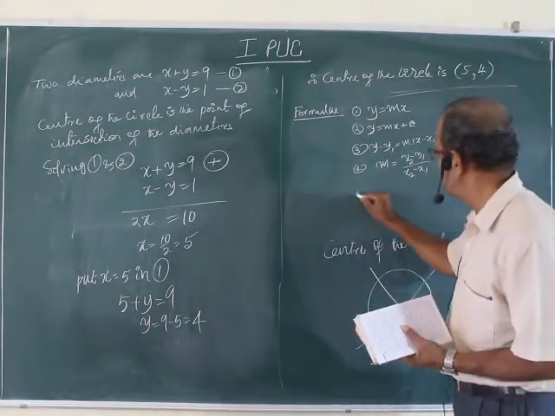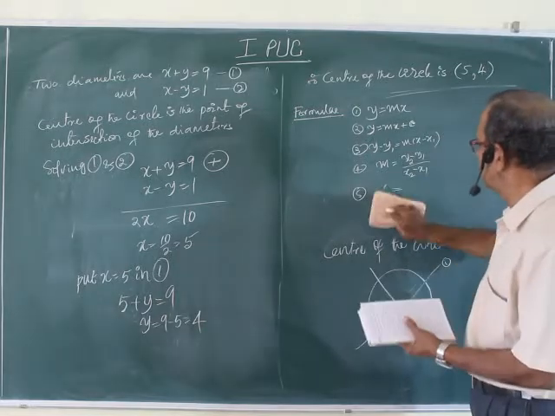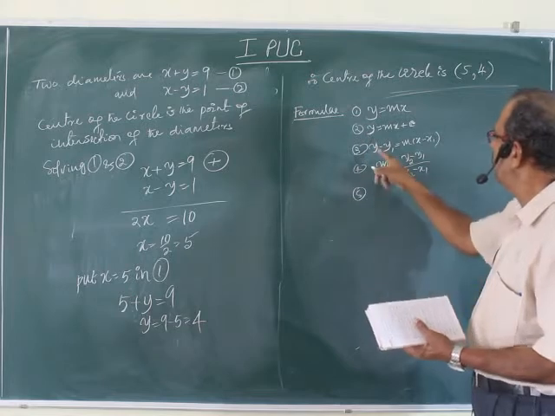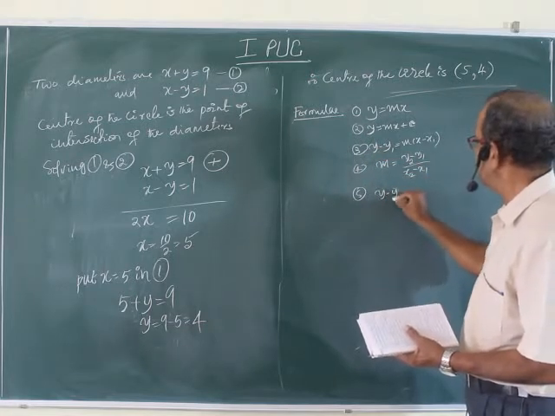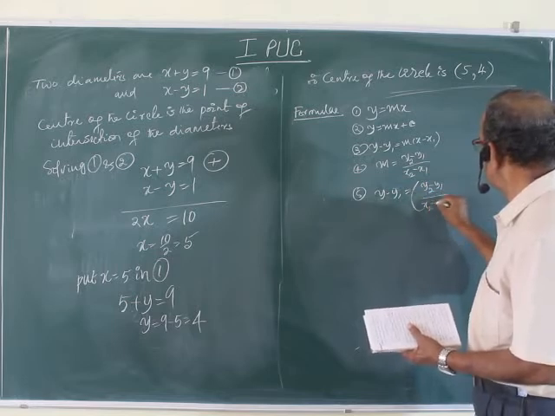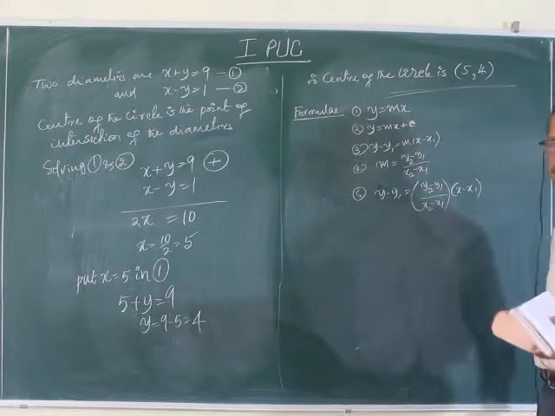Formulas you have studied. Angle between the lines, or before that, let me write one more equation. y minus y1 equal to y2 minus y1 by x2 minus x1 into x minus x1.